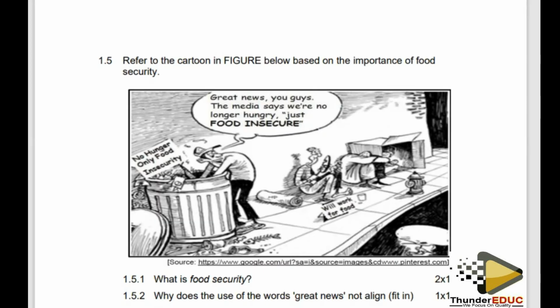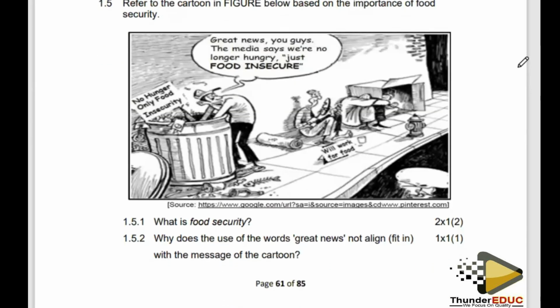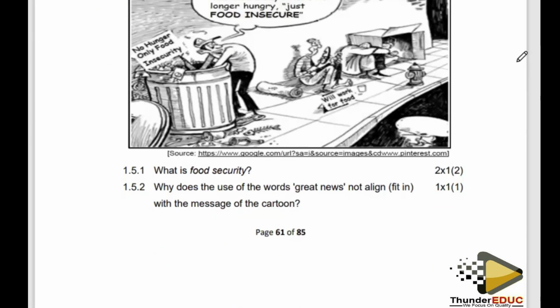So our first question says, what is food security? We define food security as having access to enough nutritious food.